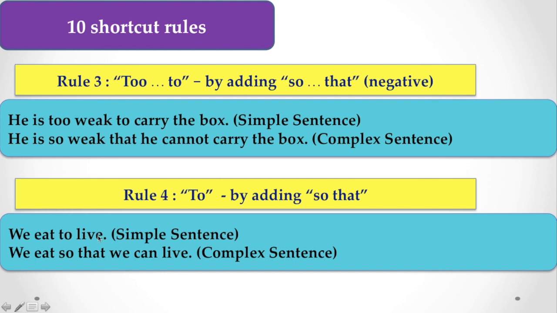"We eat to live." This is a simple sentence where we have used a non-finite verb, the infinitive. Eat is a finite verb, and to live is the non-finite infinitive. If you find this type of simple sentence, you just change it into a complex one by using so that. That is, "We eat so that we can live." This is an example of a complex sentence.